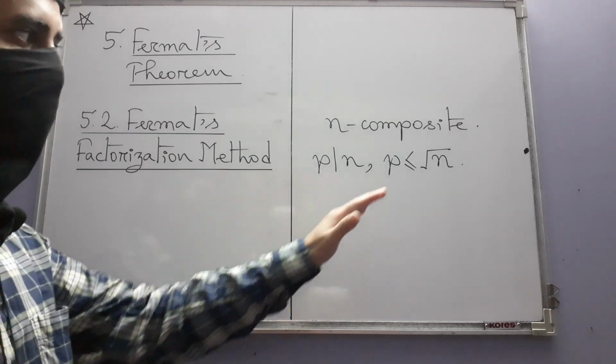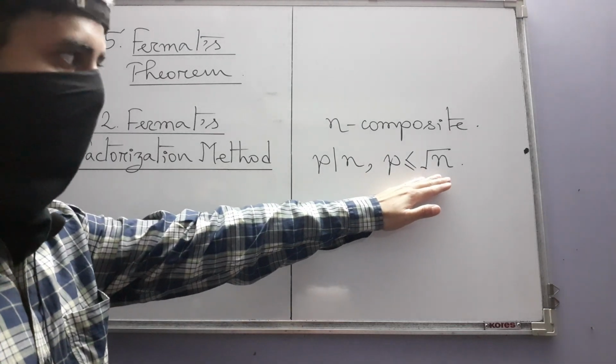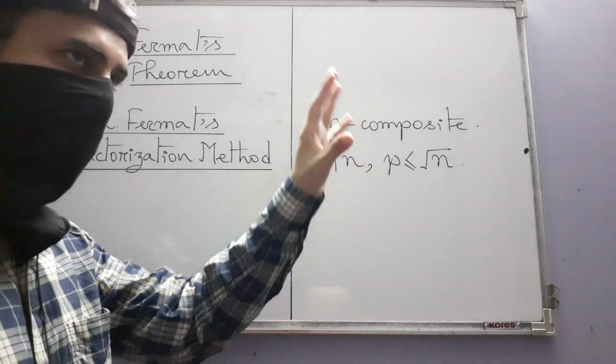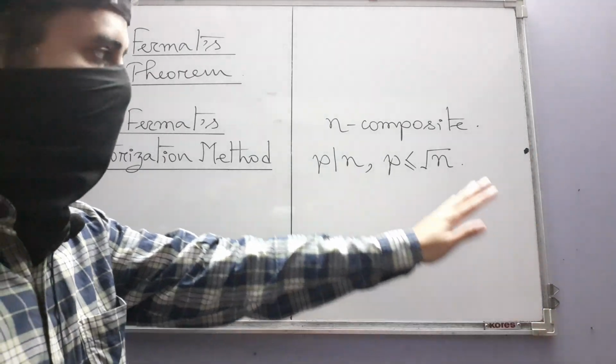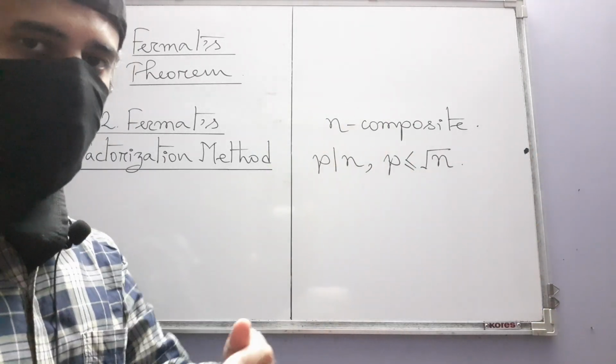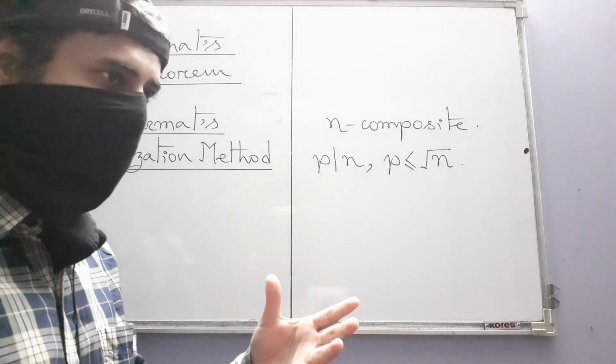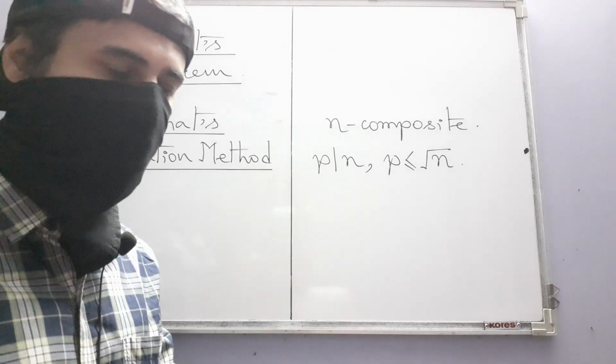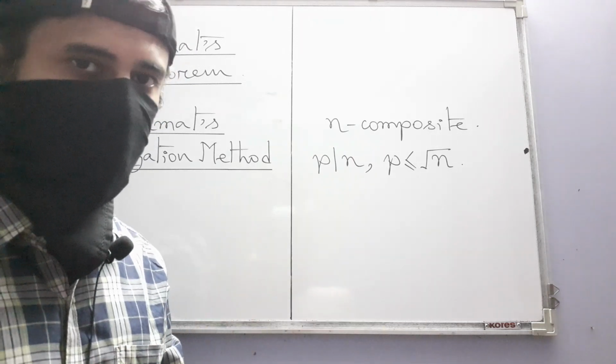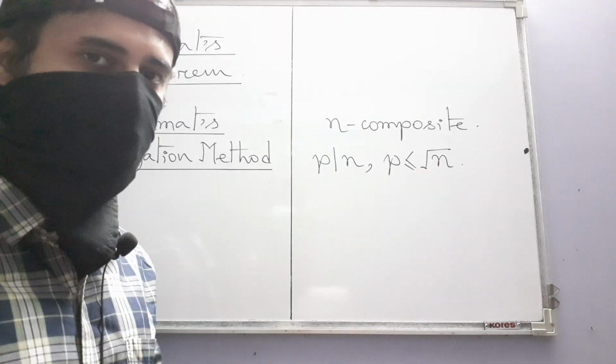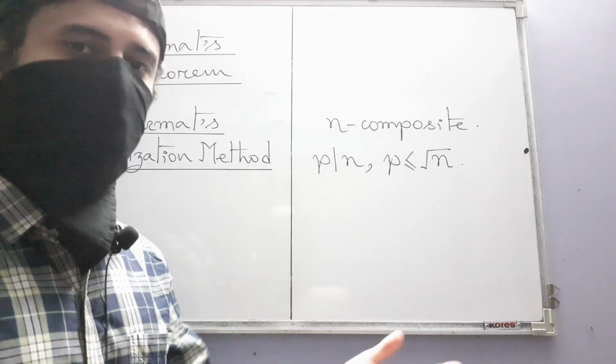This observation helps us because n can be somewhat large, but square root of n is smaller than n, and not a little smaller, somewhat significantly smaller than n, because it's a square root. It's not like n minus 2 or n minus 3.